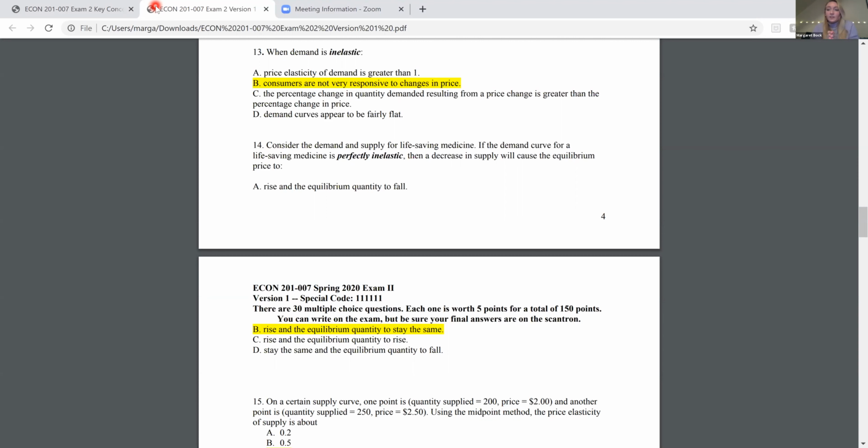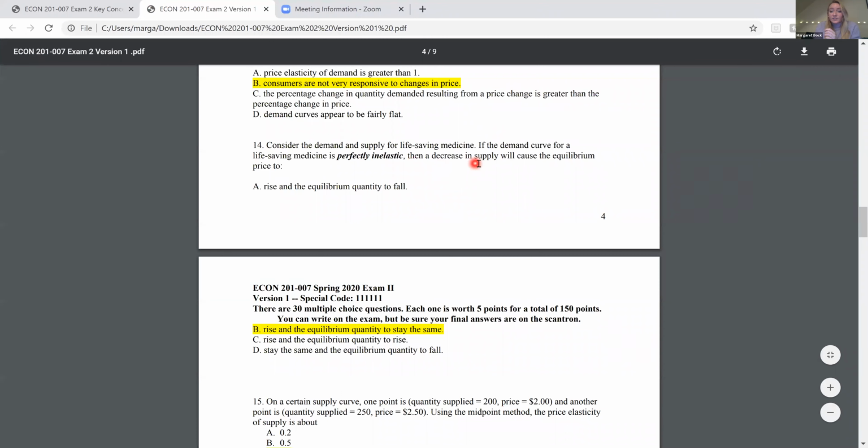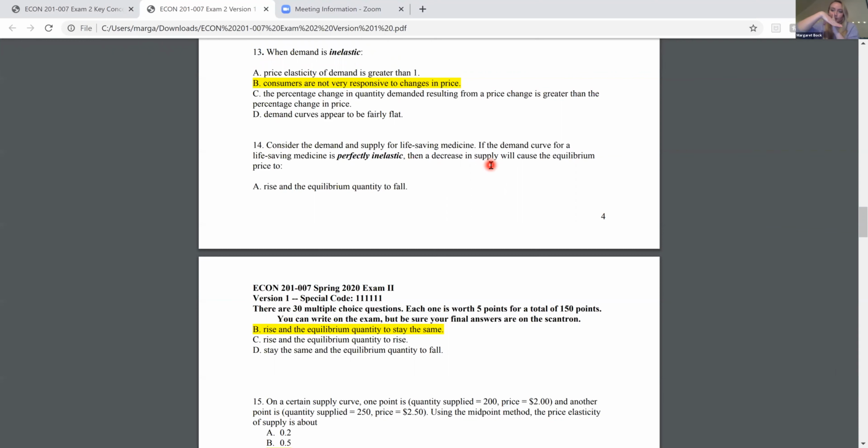So if we have a demand curve that's perfectly straight up and down, and then we have kind of just a regular unit elastic supply curve, if there is a decrease in supply, so I don't know if I can kind of represent this here. So here's demand and here's supply. If there's a decrease in supply, that means supply is going to shift to the left.